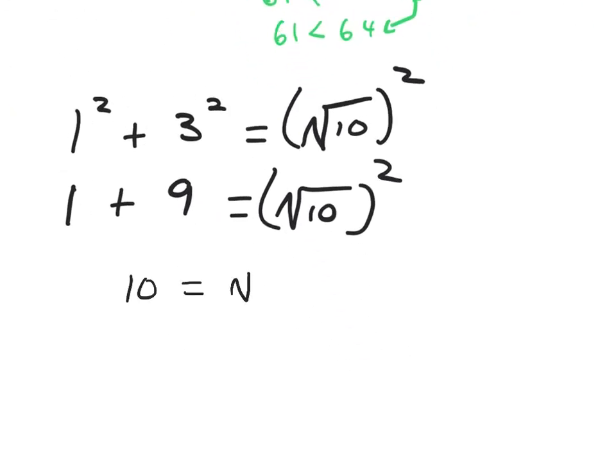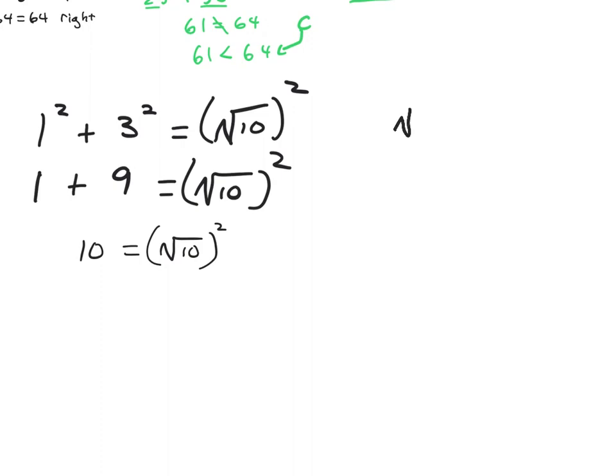So 10 is equal to the square root of 10 squared. And if you want to figure out what the square root of 10 squared is, it is the square root of 10 times the square root of 10, which becomes the square root of 100. And what is the square root of 100? 10. So what kind of triangle is this? Right. It's a right triangle as well.